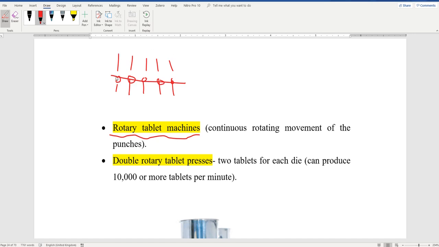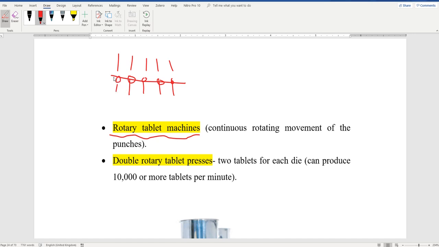Initially, what happens? The lower punch goes down, and the powder or the granules fill the die cavity. After that, the upper punch descends and the lower punch also rises. In the single punch tableting machine, only the upper punch descends. Here we have both punches for the rotary tablet machine, that is, the upper punch descends and the lower punch ascends or rises to do the compression step.